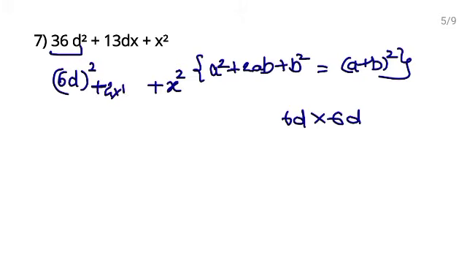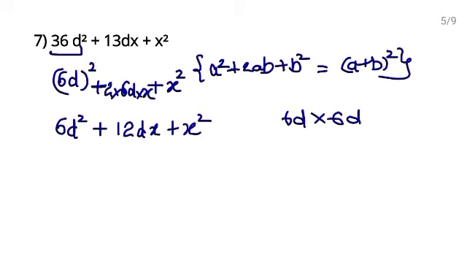What is a here? 6d, and b is x. So multiply it: 6d square plus 6 2s are 12dx plus x square. In between what are we getting? 12dx, but there was 13dx.